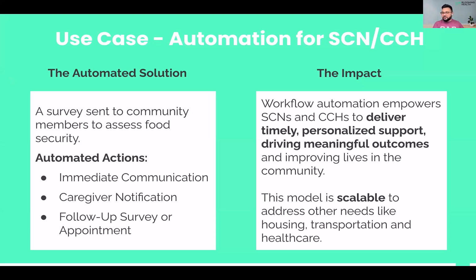The solutions would be different and custom for each and every organization, but the Blooming Health automation system allows you to personalize it the way you want and the way your processes are set up. It not only does that, but with this kind of automation, the organization saw improved community outcomes and real-time tracking of all of the follow-ups that they were doing.